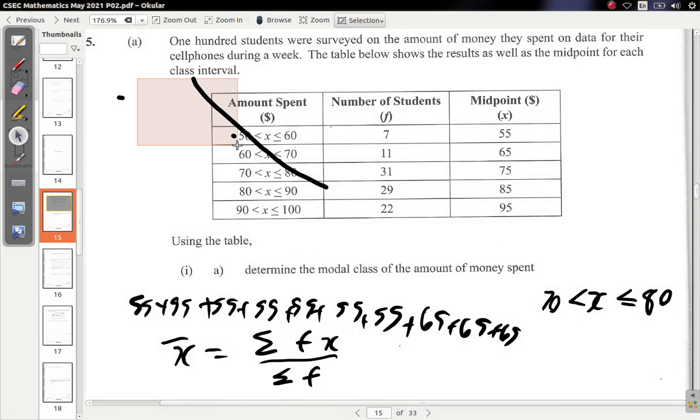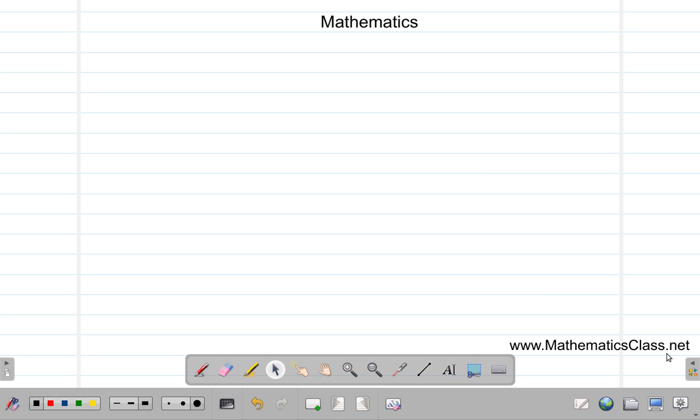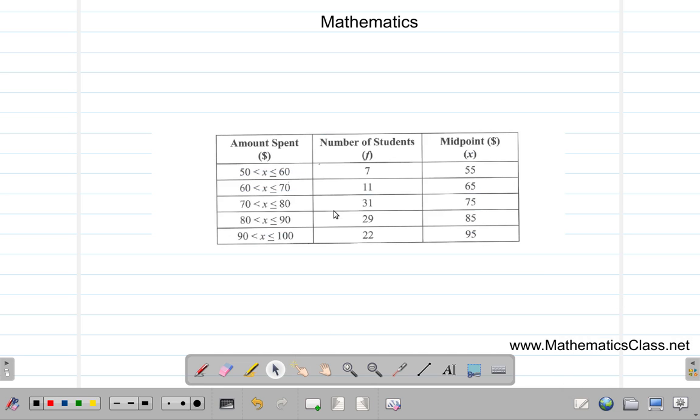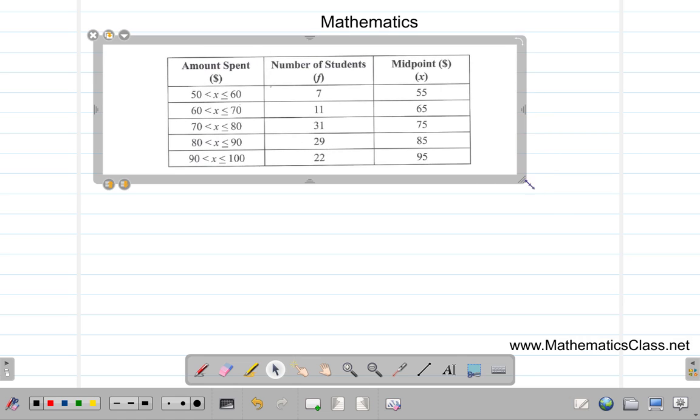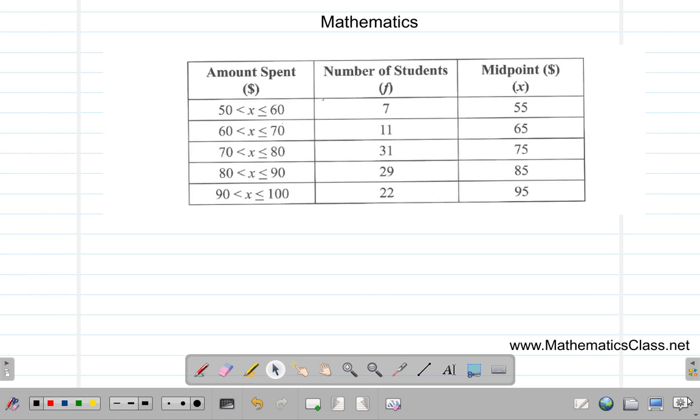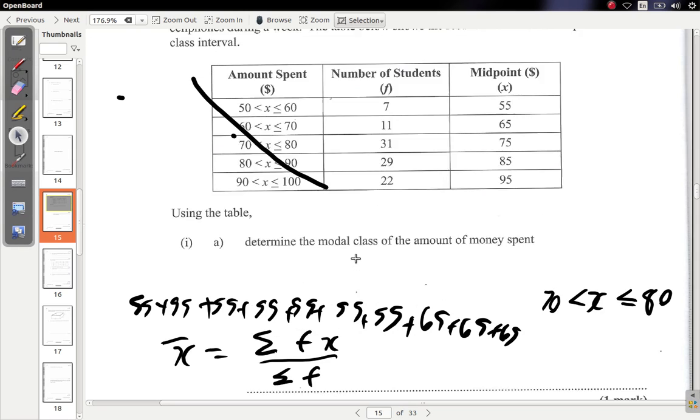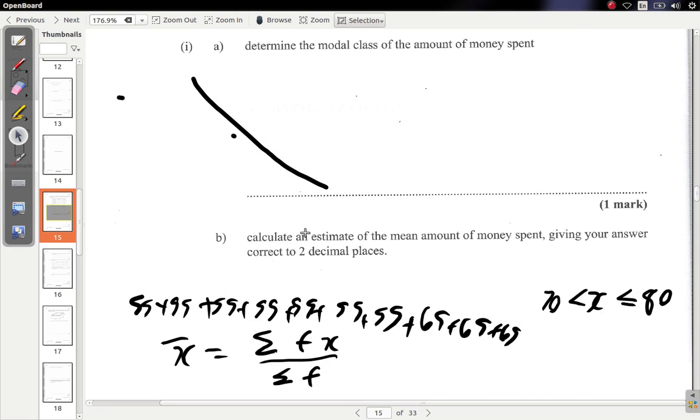I'm going to copy the table and paste it there. Alright, so we have the table right here, and then the estimate of the mean. You take this and put it there too.